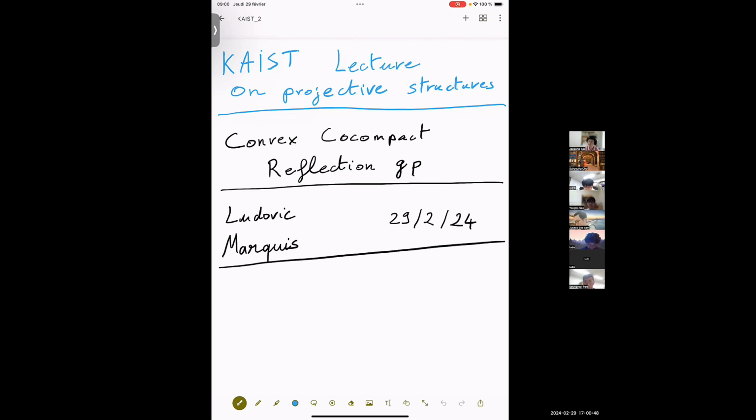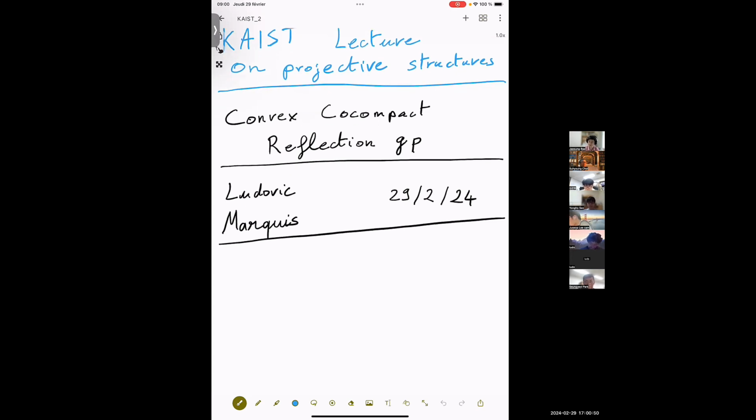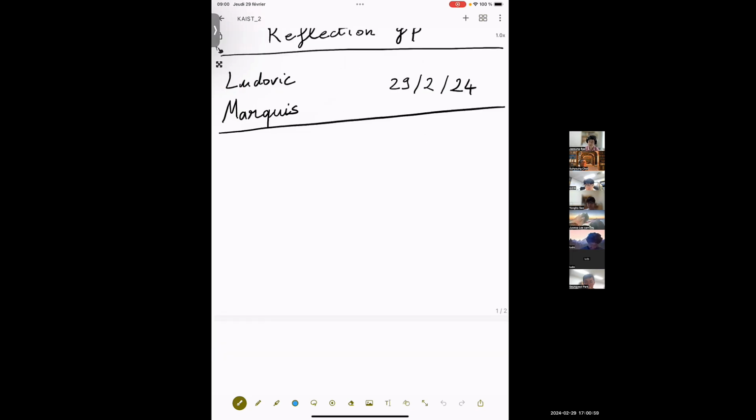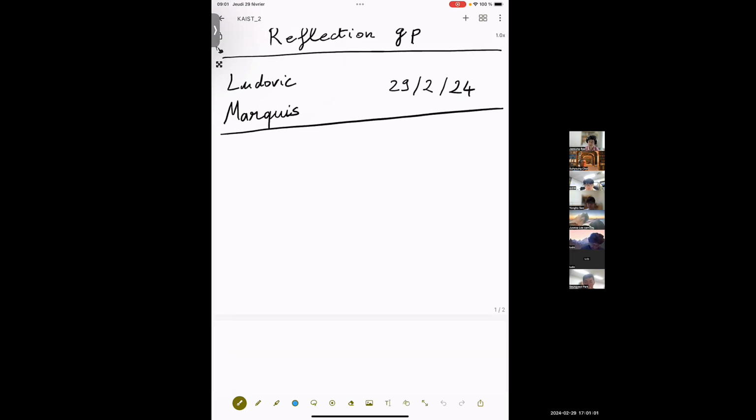Okay, so we are talking about convex cocompact reflection groups, and I still want to say two small things on Weinberg theory, two simple points.